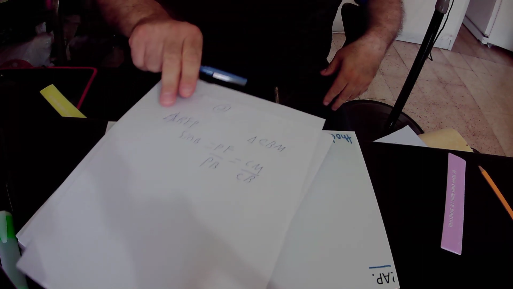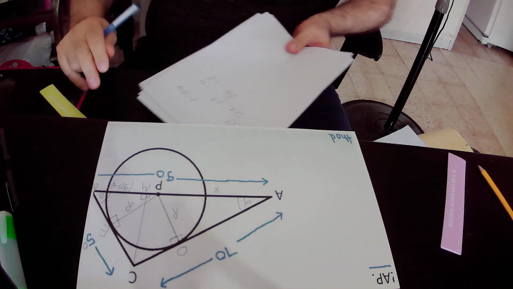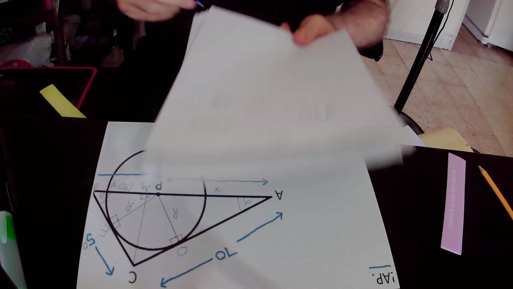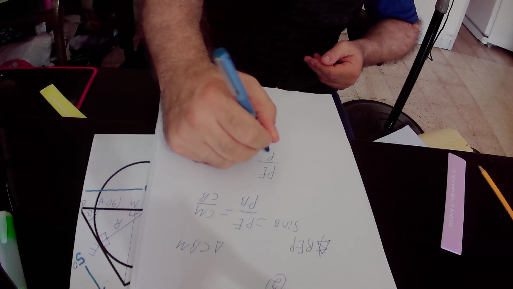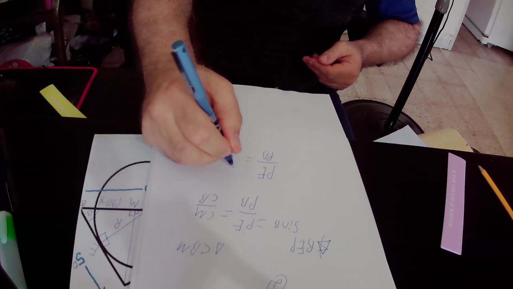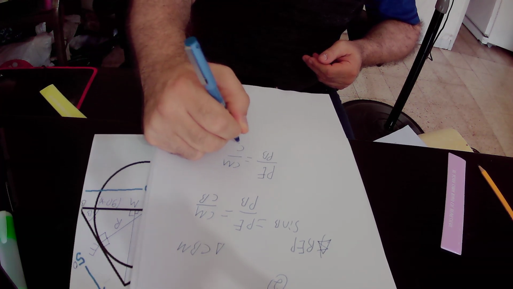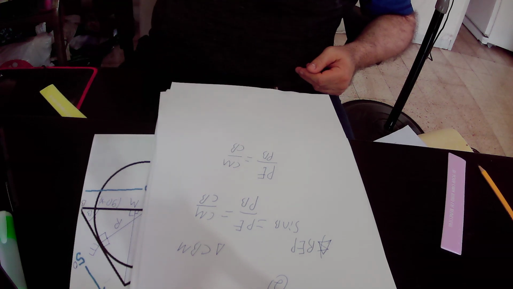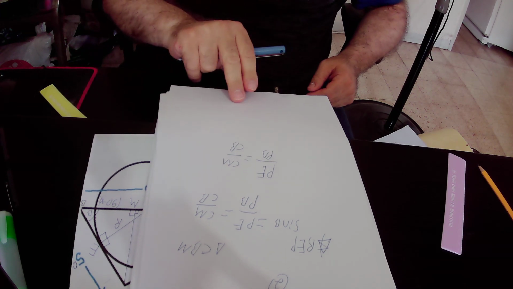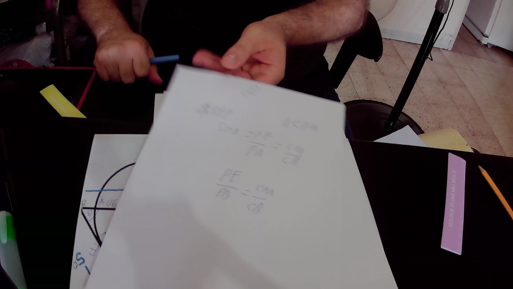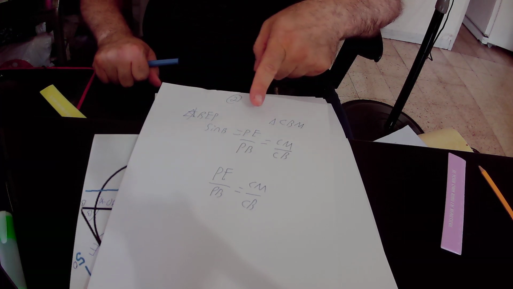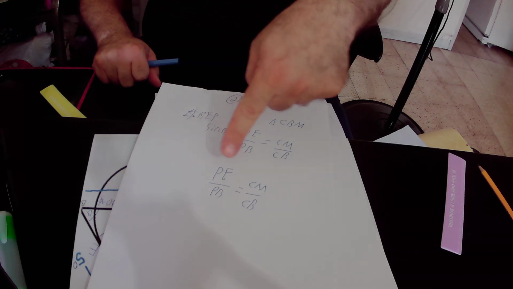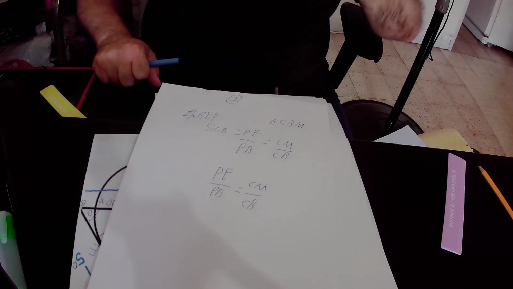So we actually have the equation that PE over PB equals CM over CB.